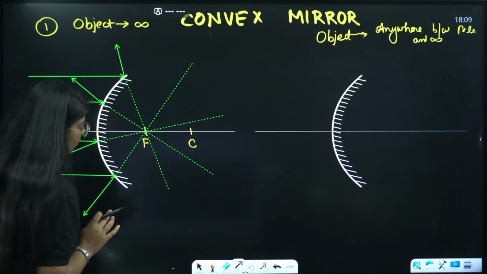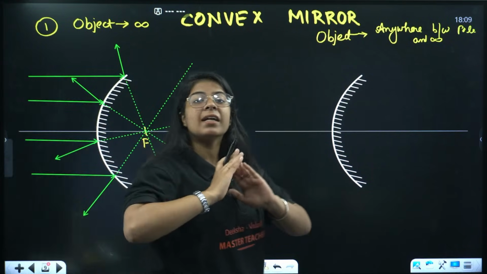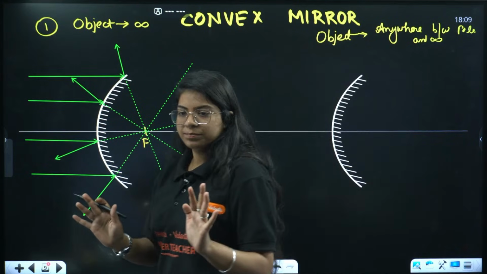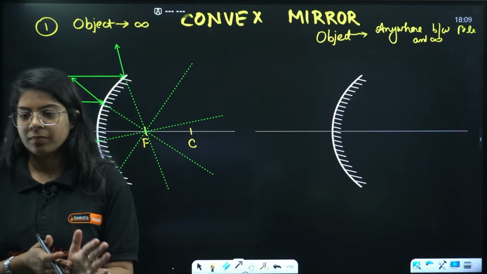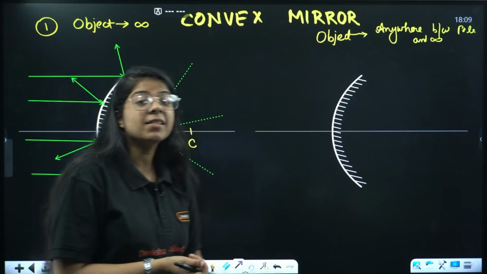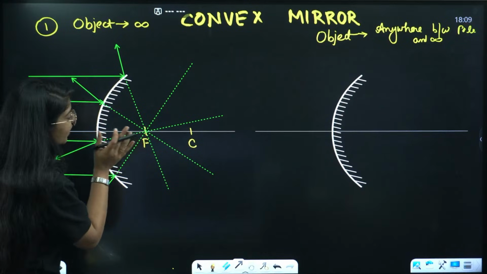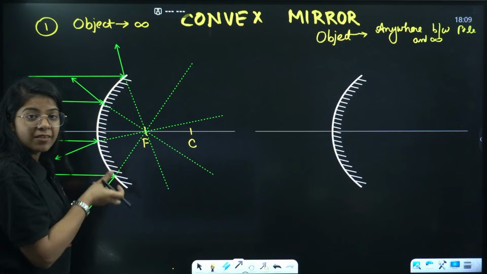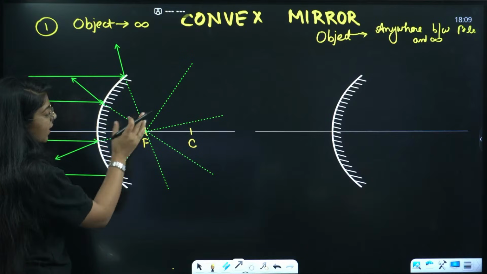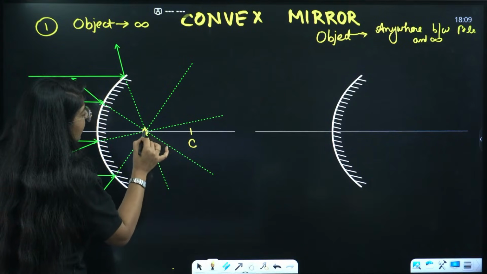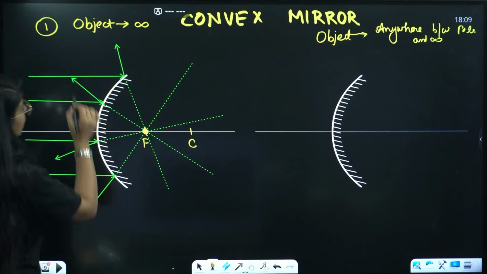In the case of a convex mirror, the rays are diverging. They diverge in such a way that it looks like the rays are passing from focus. So this is where the image looks like it is being formed.